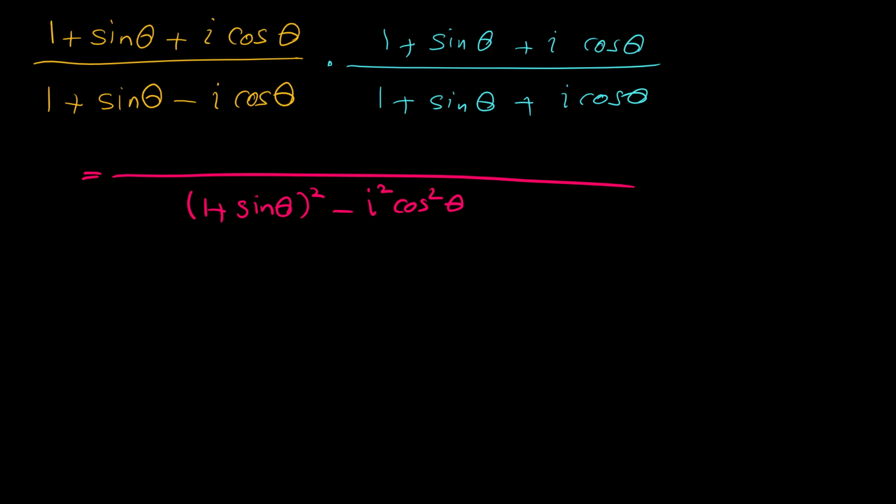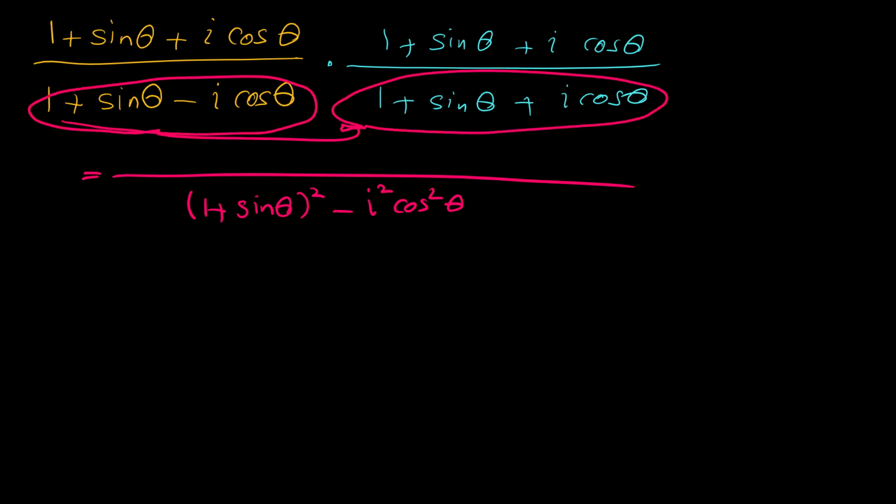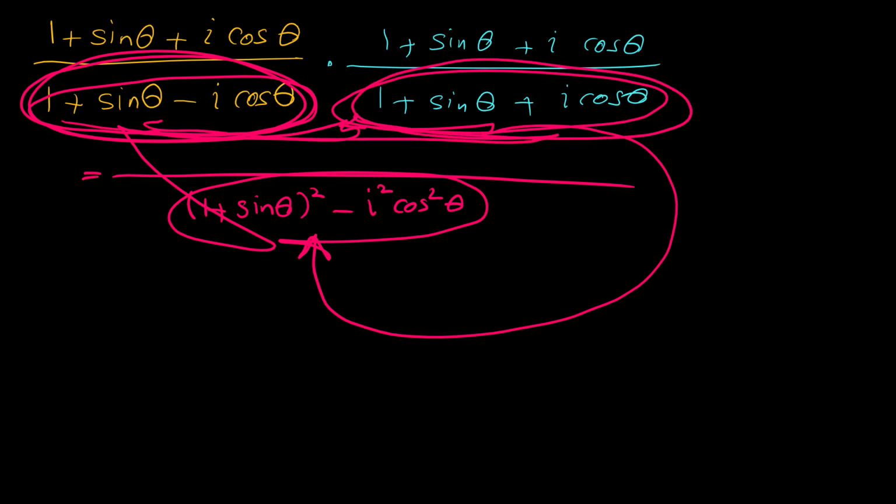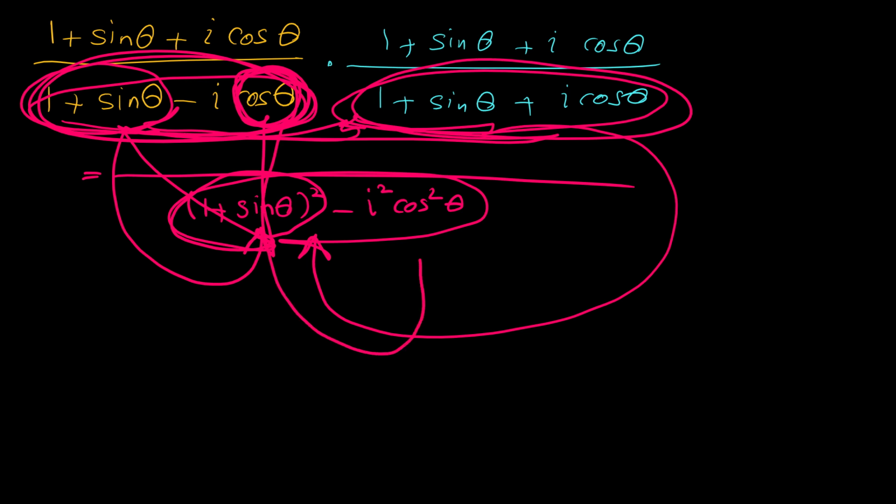But before we continue, in the numerator, please pay attention. I have repeated this several times in my videos. When you multiply a complex number by its conjugate, you don't really need to write this out. The answer of multiplying any complex number by its conjugate is always the real part to the 2, plus just the imaginary part, which is cosine to the 2.